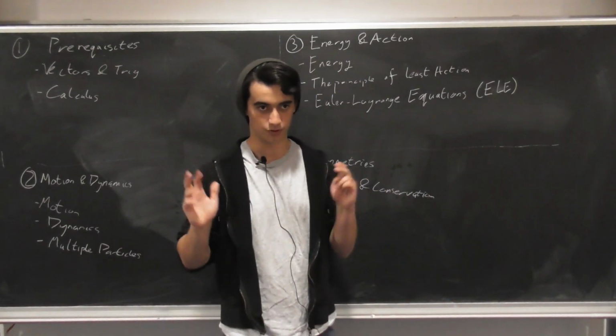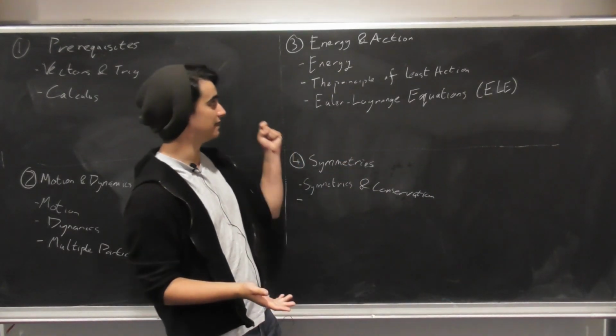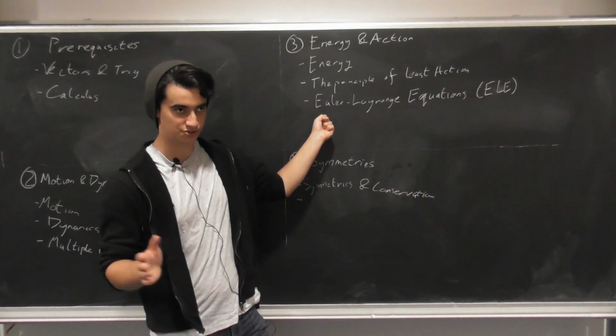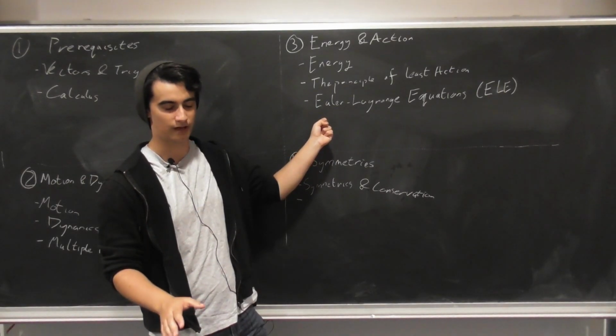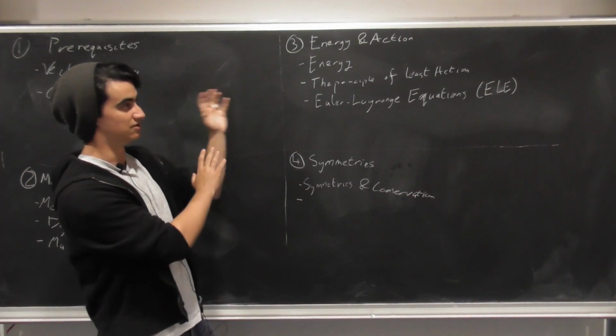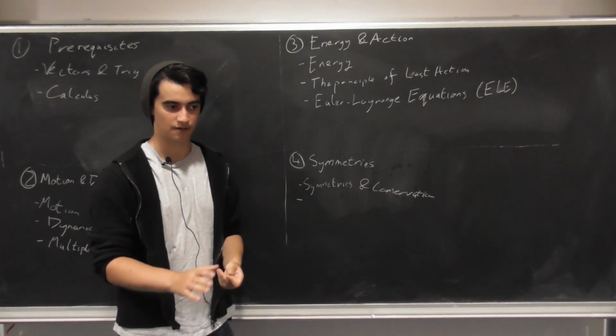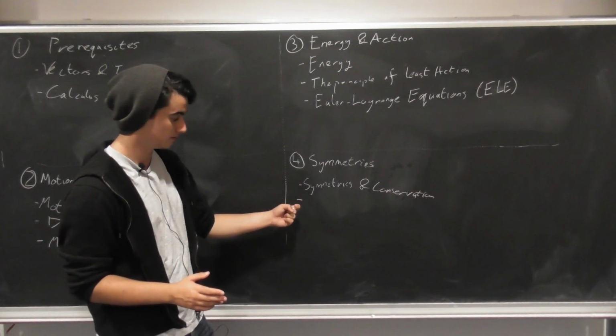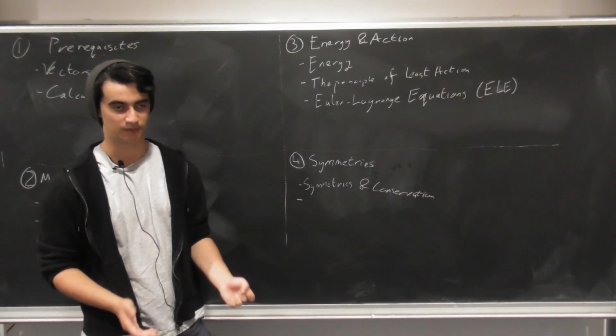That's called the Newtonian formulation of mechanics. The next one we'll do is the Lagrangian formulation of mechanics. This is using the action, and we'll see how all that fits together. And lastly is the Hamiltonian formulation of mechanics.